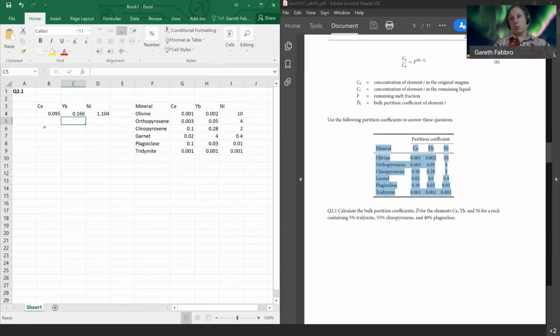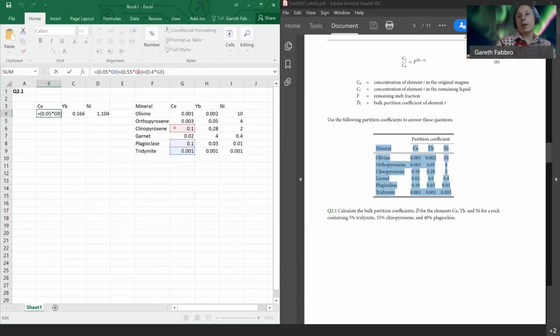One thing you should always do when you calculate something numerically is a quick sanity check. Does this number seem right? So here, for example, for cerium, does a partition coefficient of 0.095 seem right? When you look at what the rock is made up of, tridymite, plagioclase, clinopyroxene, most of the clinopyroxene and the plagioclase is about 0.1.